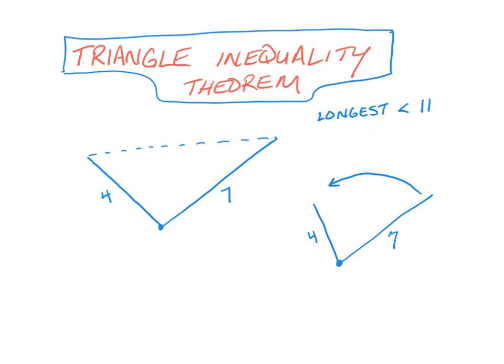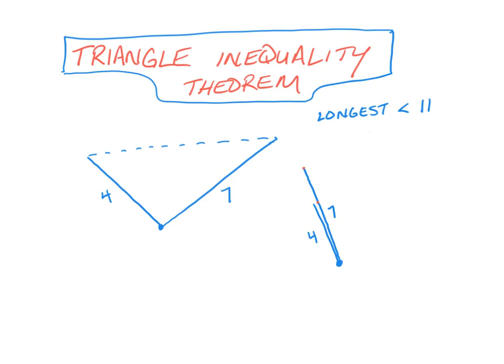I swing it virtually all the way closed. And when you close it all the way, what's that overlap? It's going to overlap about from here to here, and the length of that overlap would be 7 minus 4, or 3.